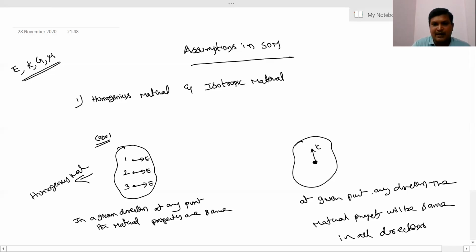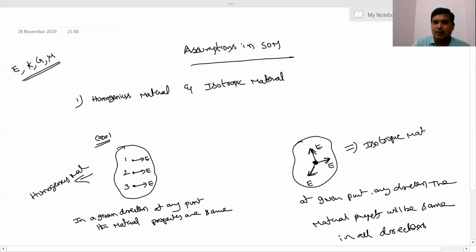This is the material property in the x direction, the y direction, and the z direction. In all of them the material property is E. If the property at a given point is the same in all directions, it is called an isotropic material.